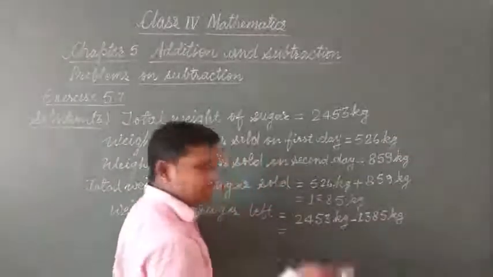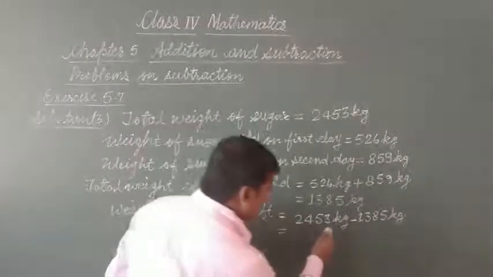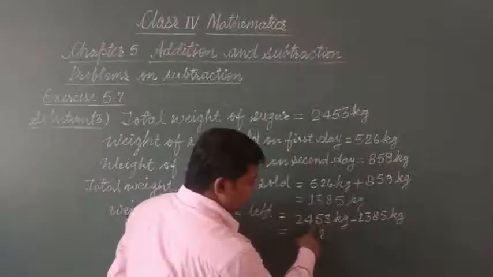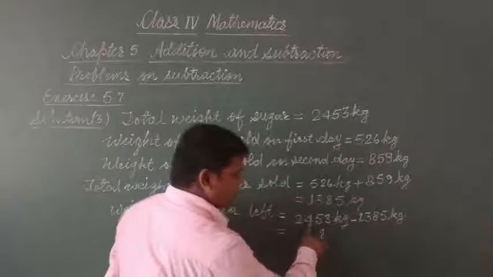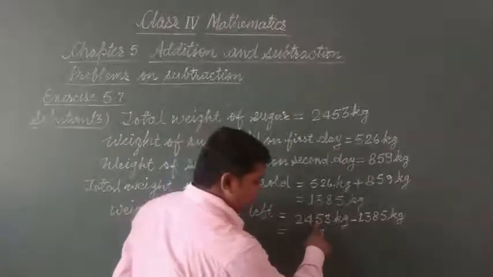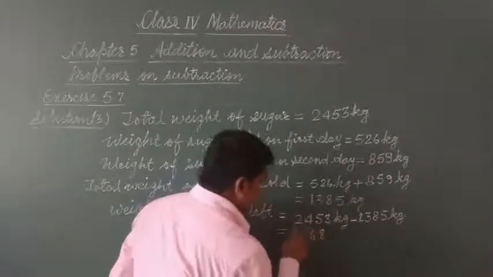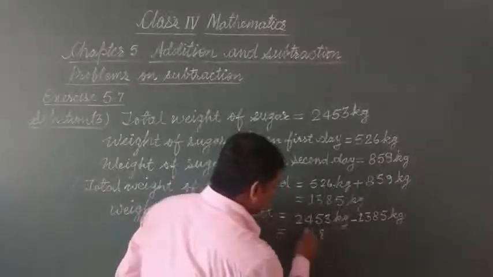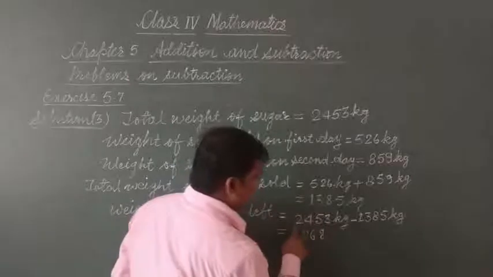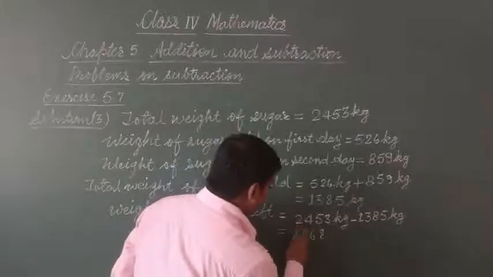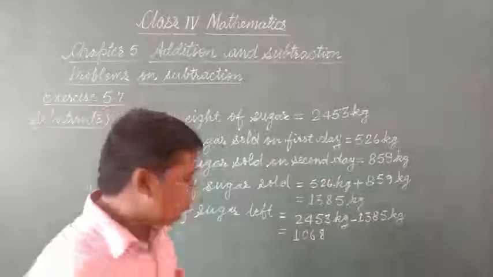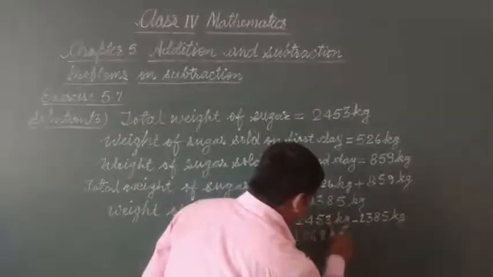It will not be subtracted, then we take borrow, and we get 13 minus 5, 8. Here it will be left 4. 4 minus 8 is not subtracted, so we take 1 borrow from here. 14 minus 8, 6. Here it will be left 3. 3 minus 3, 0. And 2 minus 1, 1.